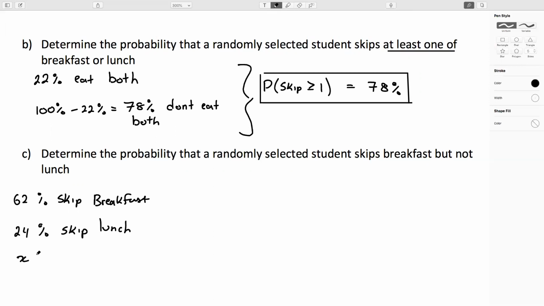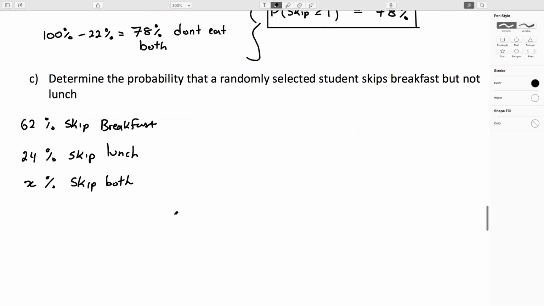We don't know how many skip both, so I'm going to call it X%. And 78% skip greater than or equal to 1.